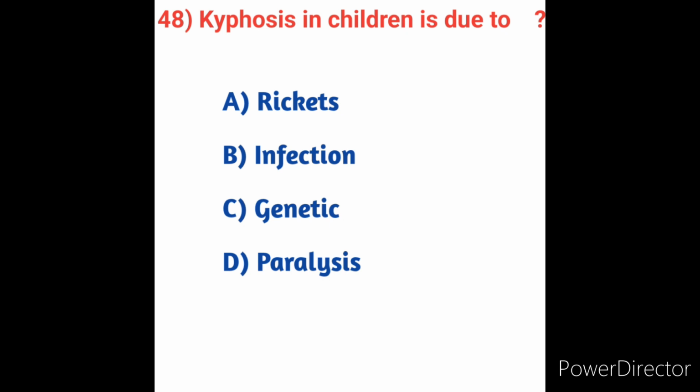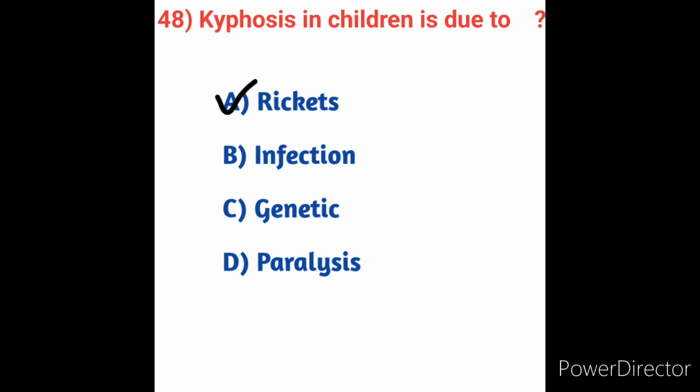Kyphosis is also called hunchback. Kyphosis in children is due to rickets. Kyphosis means an abnormally curved spine. So here option A is the correct answer.